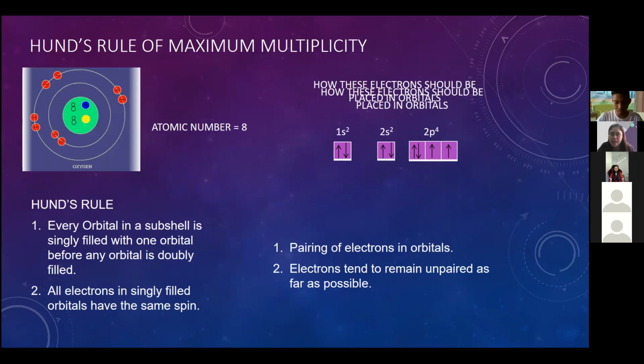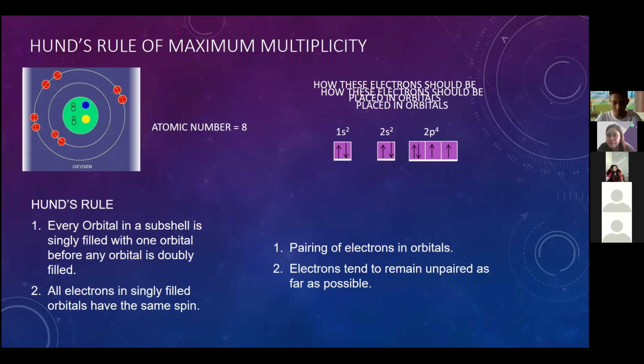Hund is the one who said that electrons go one by one first before pairing up. So, when we predict the magnetic quantum number, we put the orbitals, then we fill in the electrons. But when we fill in, for each orbital, one electron first before we pair up. Again, that is according to Hund's rule.